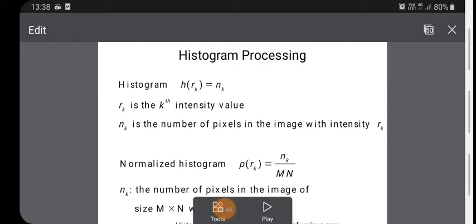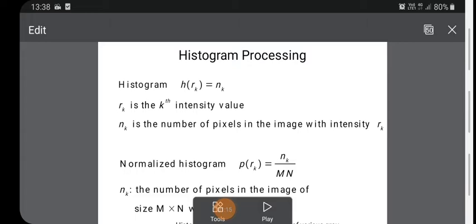Whether the intensity is 0, or 50, or 101, that is the rk value, and the number of pixels with 100 gray level intensity or 50 gray level intensity is the nk. So we relate h(rk) and nk in this manner.